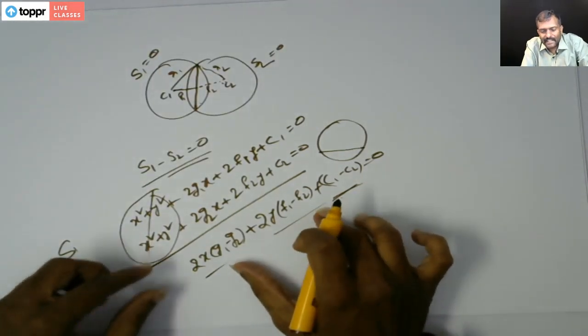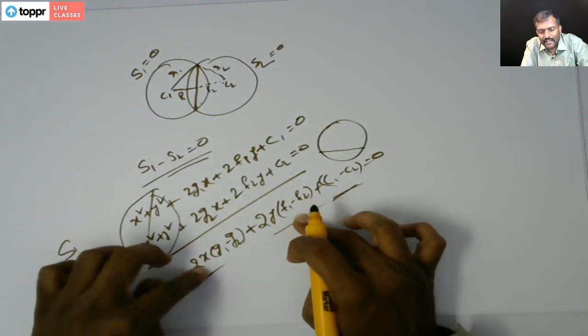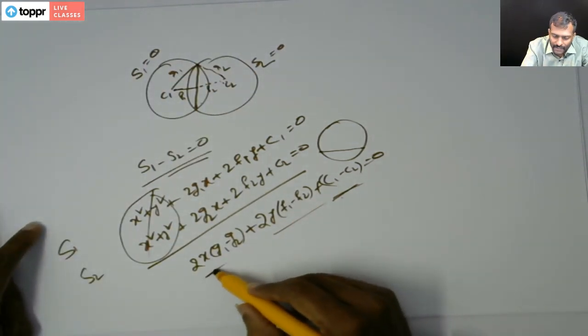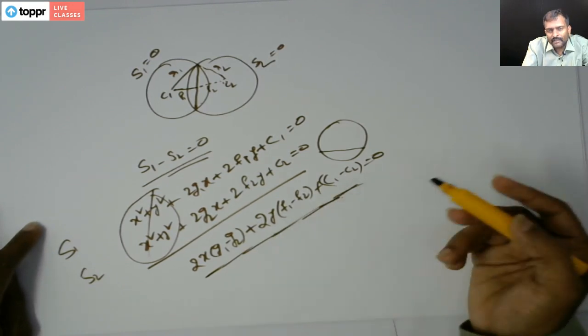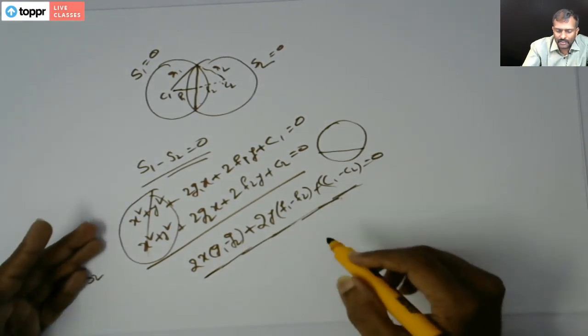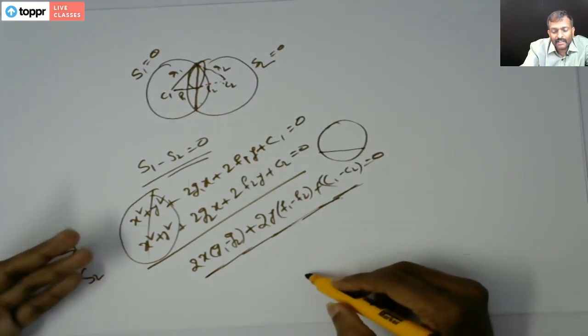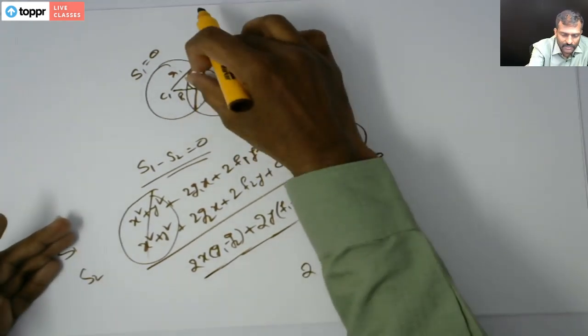That means the endpoints on this line will satisfy the circle equations, right? So this is the common chord, and the length of the common chord is nothing but two times this half part.